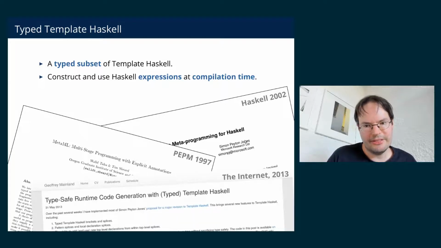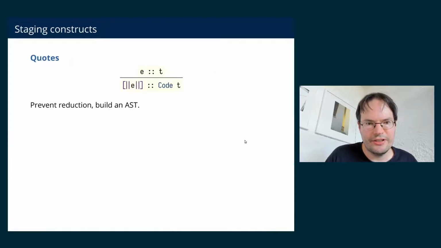And this has been implemented for Haskell by Geoff Mainland in 2013, but it is not very widely used, in particular perhaps because there hasn't really been a big paper describing it, and there is relatively little documentation on it. But it is there, and it mostly works just fine.